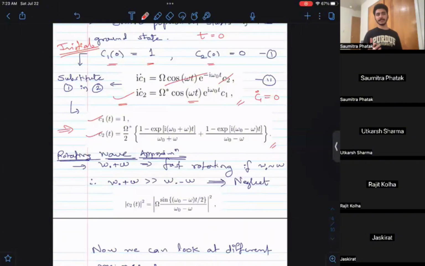So if you have incident the laser very close to resonance, which means that omega is almost equal to omega naught, then the difference between the two is very small, right? And the addition of the two can be approximated as 2 omega naught. So omega plus omega naught is roughly 2 omega naught, and omega minus omega naught is almost 0.